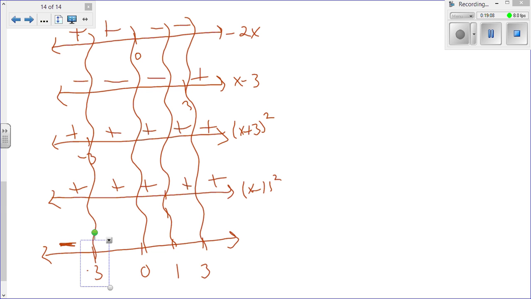So that's negative. Positive times negative times positive times positive is negative. Negative times negative times positive is positive. Negative times, it's still negative, is positive times positive is positive. And then negative times positive times positive times positive is negative.